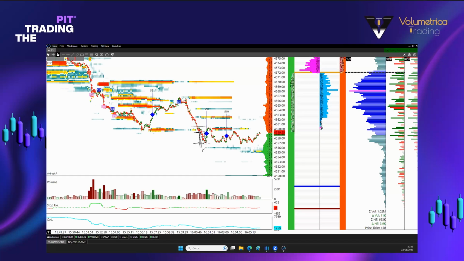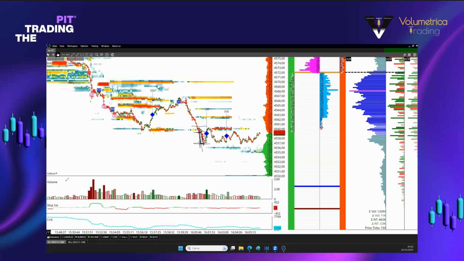So we can tell that there is participation beyond the liquidity level, and also acceptance of price. Price is not rejecting straight below.